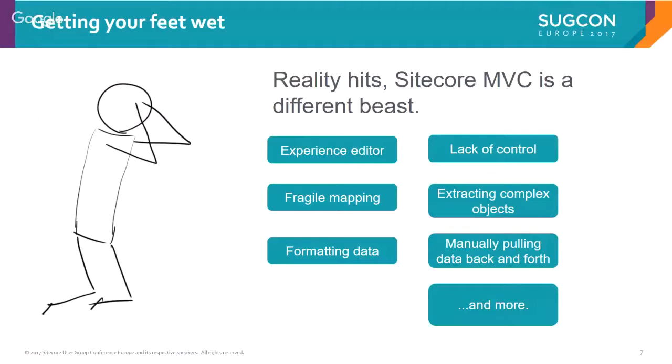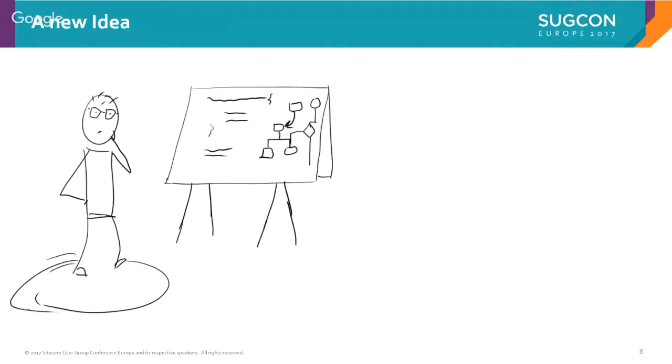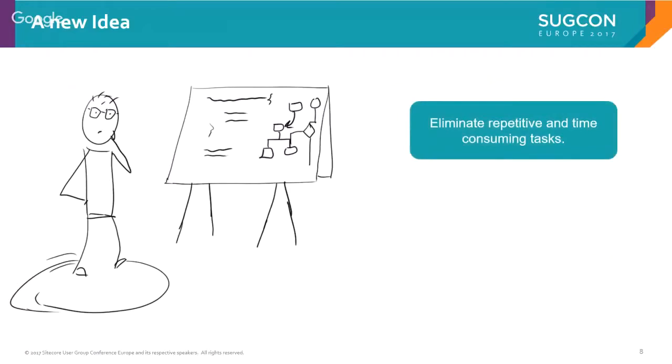So next, he thinks he needs to go back to the drawing board and think how he's going to solve this. And he wants to do it in a different approach than his colleagues normally do. One of the criteria he put up is that he wants to remove all the repetitive and very time-consuming tasks that he was forced to do with the previous method.